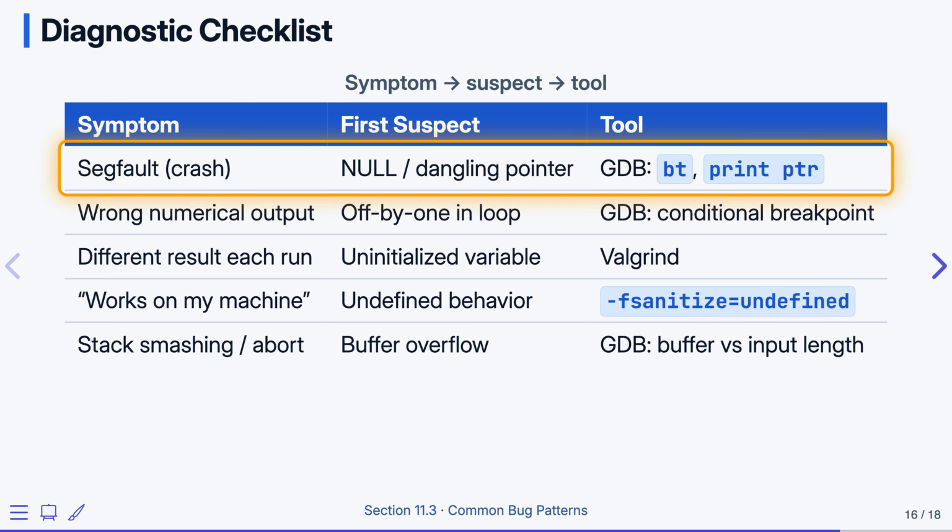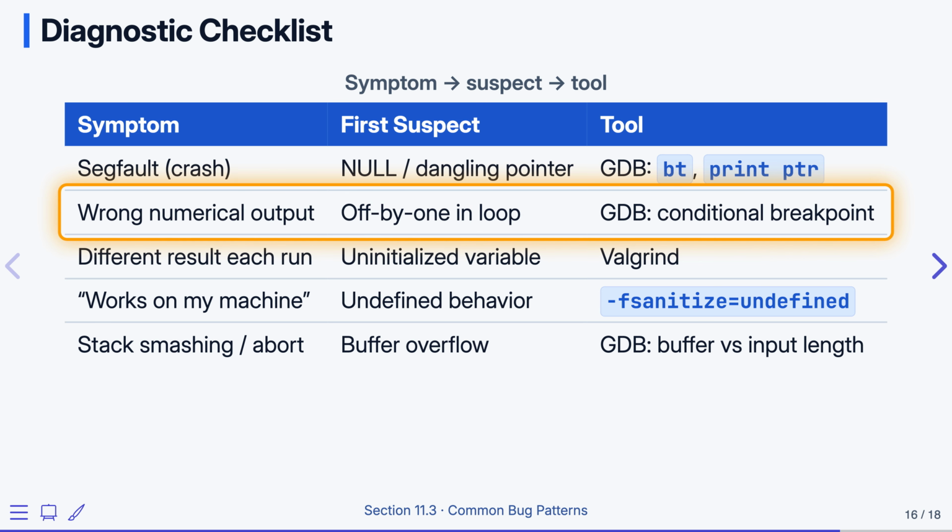This is the whole section as one checklist. Start with the symptom, suspect the most likely pattern, and reach for the right tool. A segfault means a null or dangling pointer, confirmed with GDB's backtrace and print. Wrong numerical output means an off by 1 in a loop, confirmed with a conditional breakpoint at the boundary iteration.